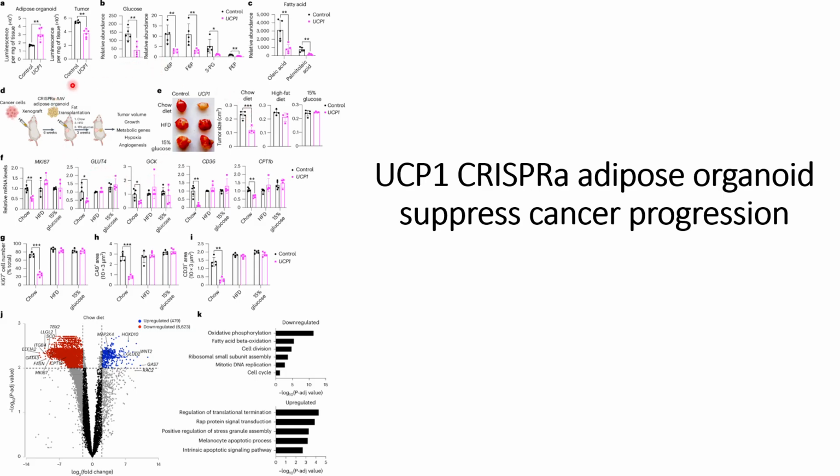But before that, we will discuss some of the markers that get affected when these UCP1 CRISPR adipose organoids are co-transplanted with the tumors. For the control, they use VP94 CRISPR adipose co-transplanted with the cancer.